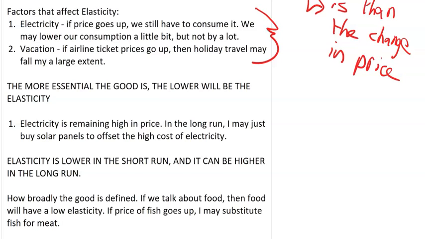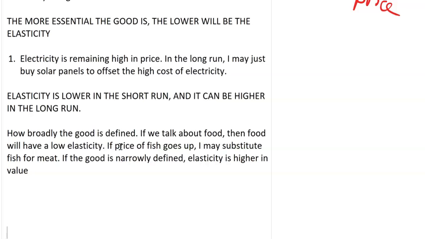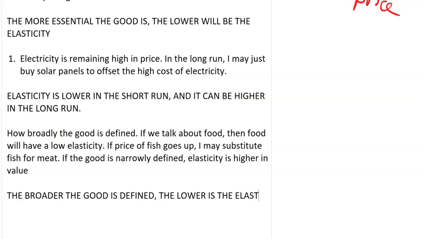So if the good is narrowly defined, elasticity is higher in value. So we can say the broader the good is defined, the lower the elasticity. These are the factors that could affect elasticity.